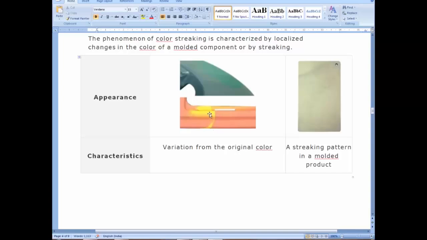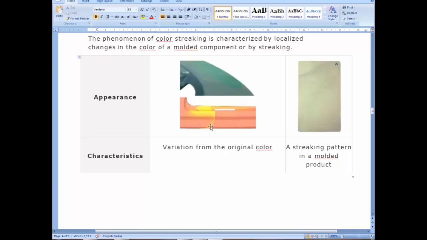So you can see here this yellowish color. What we do is apply a little color from outside, but the color should be mixed with the plastic uniformly. If the color is not mixing with the plastic uniformly, it will appear like this.